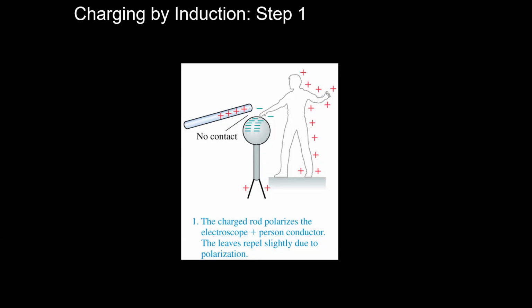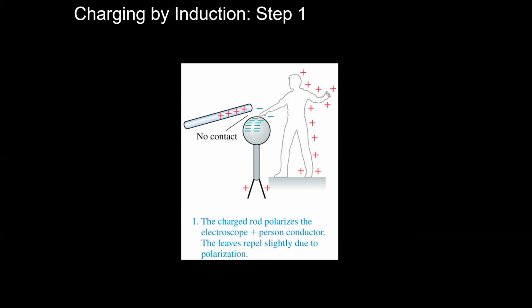The first thing is you bring a charged rod to another conducting object, but the conducting object has to be connected to some much bigger object, like the earth, or a human, or some bigger conductor. So when you do that, the neutral object will acquire a small charge, and the other bigger object to which it's connected will acquire the opposite charge.